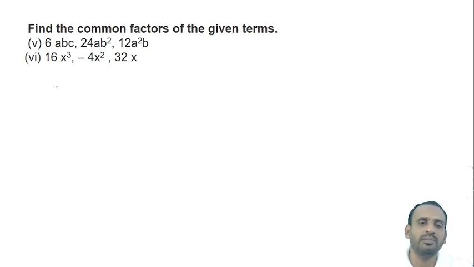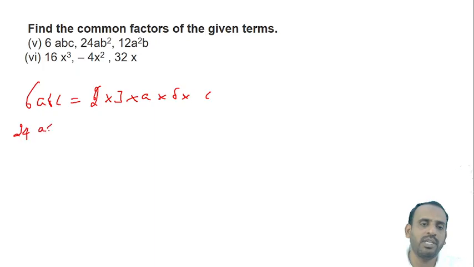One more problem. 6abc, we can write it as 2 into 3 into a into b into c. Same way, 24ab square, we can write it as 2 into 3, 6 into 2, 12 into 2, 24 into a into b into b, because we have ab square.